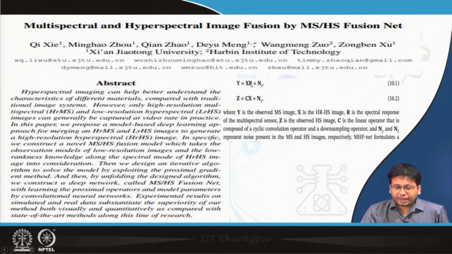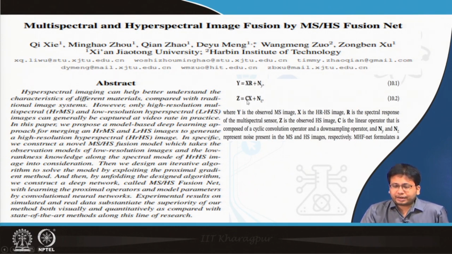So, if we do XR, R is some kind of a spectral response operator which creates the observed multispectral image, that is to say it preserves the spatial resolution, but merges the different wavelengths, so that we get an image which has low spectral resolution.